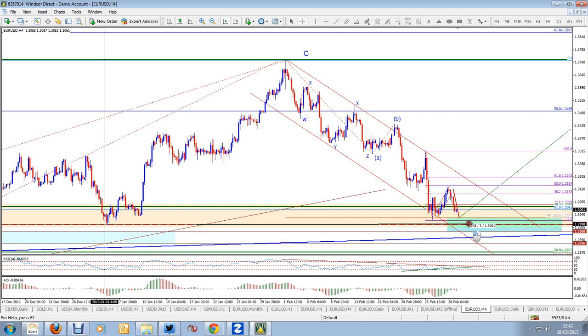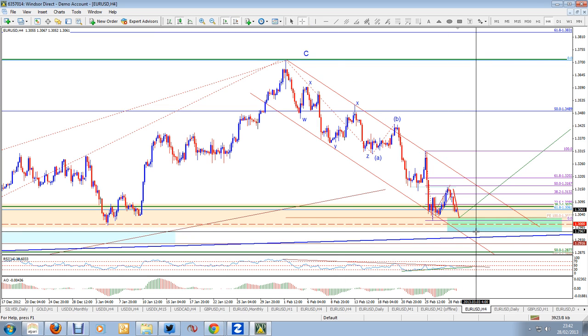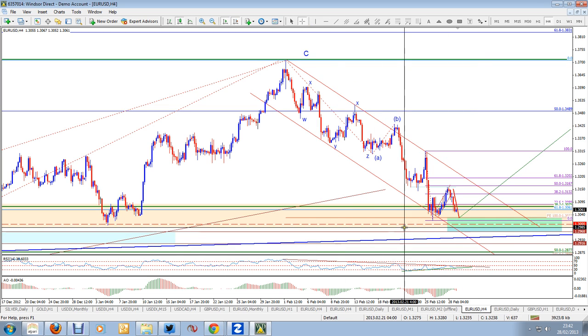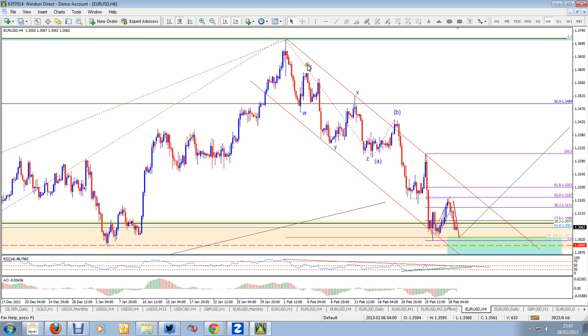So I'm still expecting a euro to form a bottom in that area, or we might get a sudden sharp sell-off as a spike and probably form a bottom around 29.50 area. So between 29.50 area and 130 is where I am expecting a potential bottom to form for a euro, to have completed this double zigzag down.